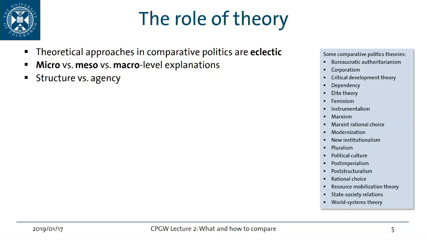So our approaches come from many different directions, and it's led to a very varied field. On the right here, I've given you a short selection of some of the theories that exist in comparative politics that all try to explain particular aspects of the world or offer us particular explanations about the world.